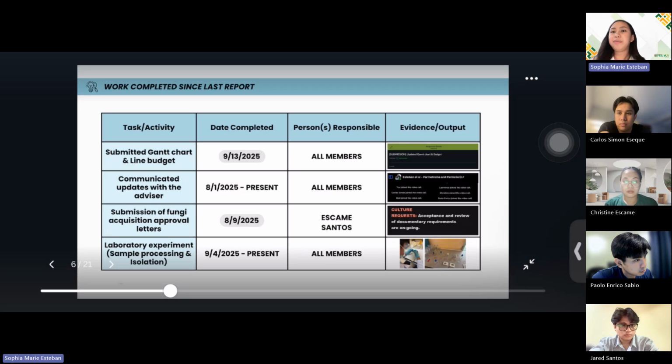We also submitted our fungi acquisition approval letters to UPLB for our culture request for our test fungi, which was spearheaded by Escame and Santos. Our continual sample experimenting and processing is done by all the members as well.